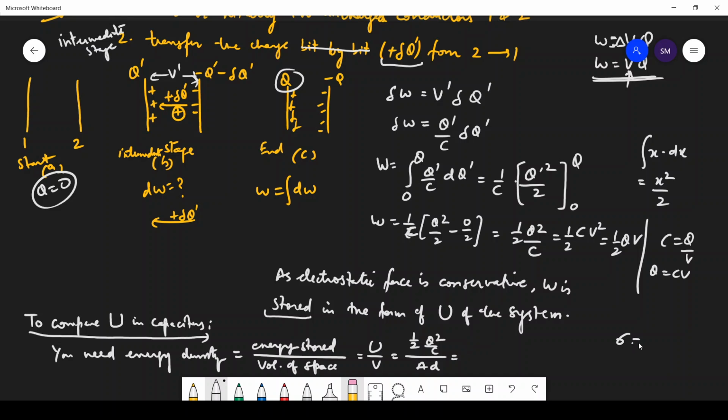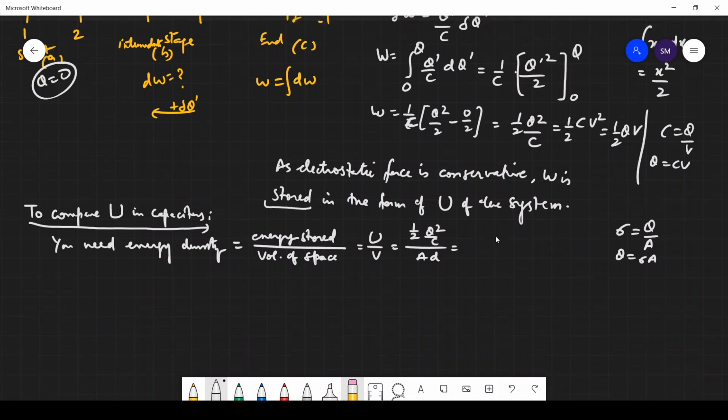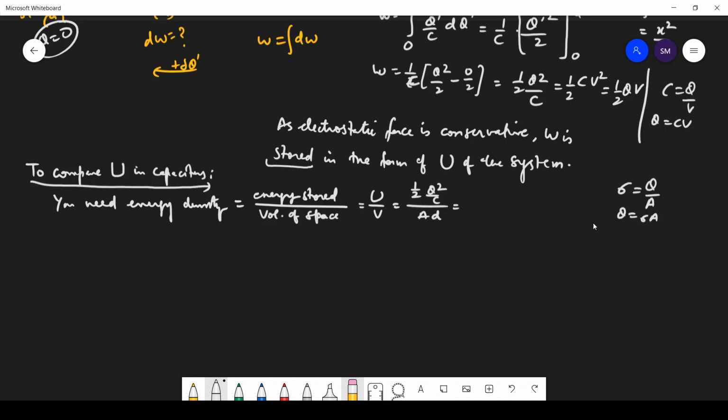We know the surface charge density sigma is equal to Q by A. So Q is equal to sigma A. And capacitance, we also know the formula, that is epsilon naught A by D, right? So putting the value of Q and C equal to epsilon naught A by D, these are the two formulas that I'm going to put here.